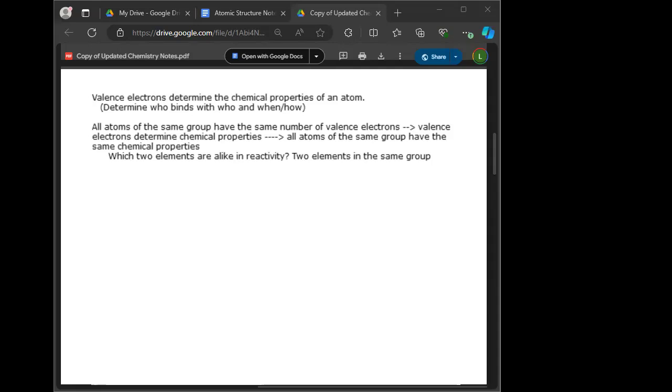And then also, because all atoms of the same group have the same number of valence electrons, and because valence electrons determine the chemical properties of an atom, that means that all atoms of the same group are going to have the same chemical properties.